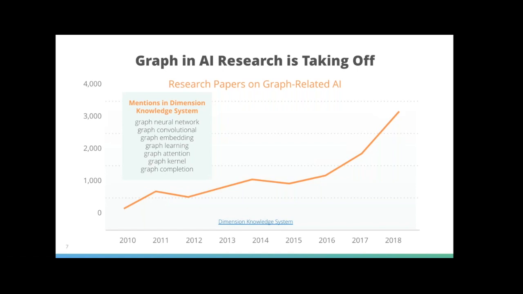This looks at terms like graph neural network, graph learning, graph completion, embedding, etc., and the number of appearances these terms and research studies make, and that is continuing to increase as well.